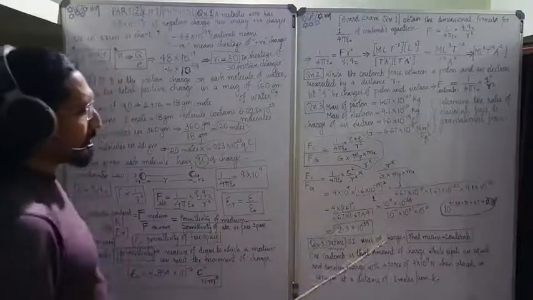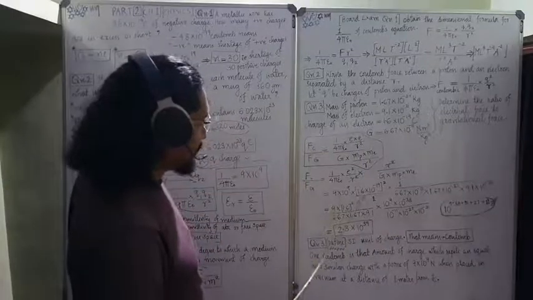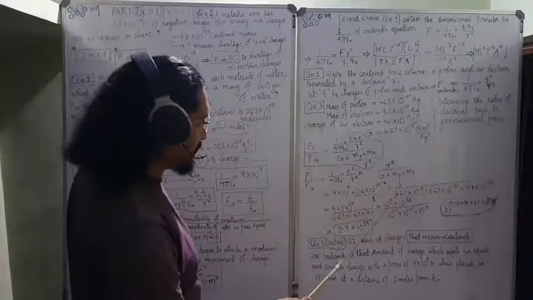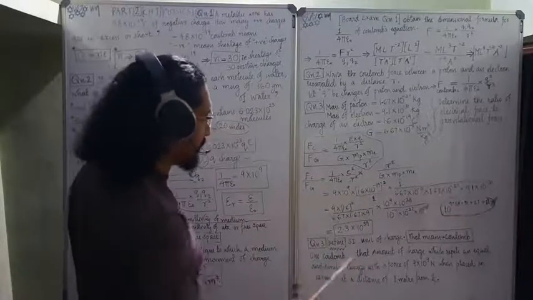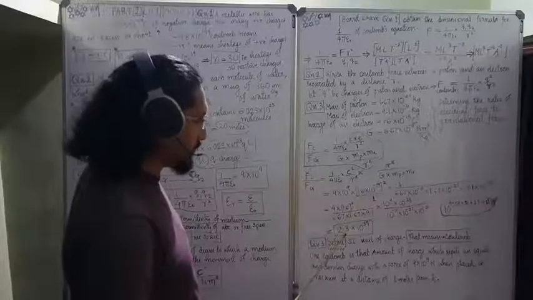Just to accumulate in one area, that is 9 into 1.6 square, and 6.67 into 1.67 into 9.1. When you calculate, we will get 2.3 value.